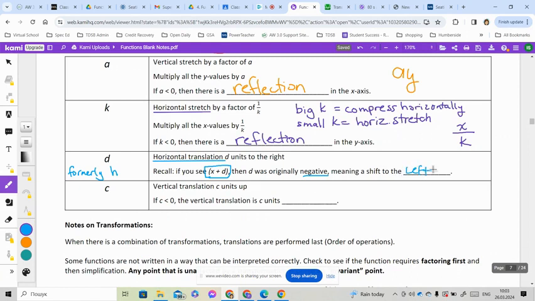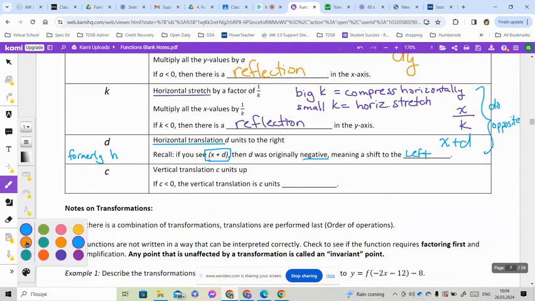Left. And so that's why we can say x plus d is how the function is affected. So notice that with the two x ones, we're doing the opposite of what we think. Anything related to x in the functions is always the opposite of what we would think to do.